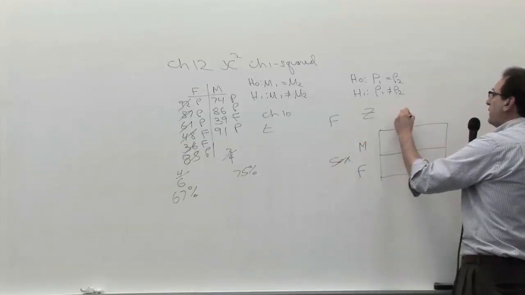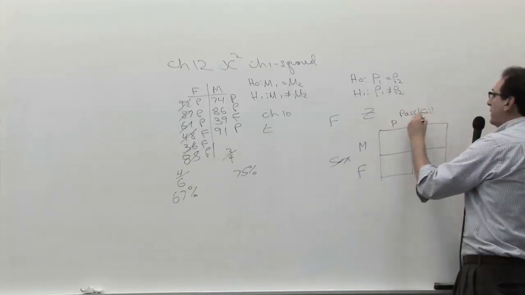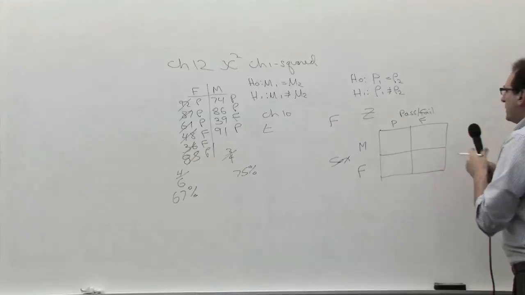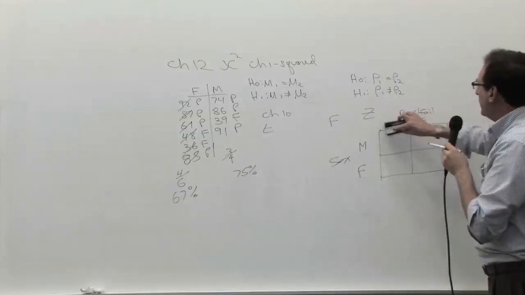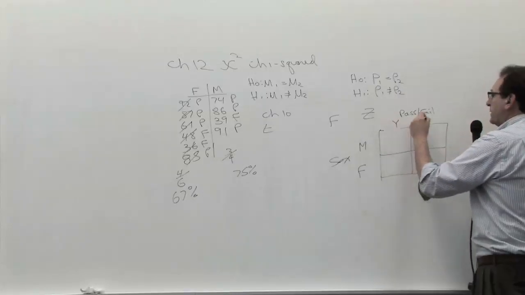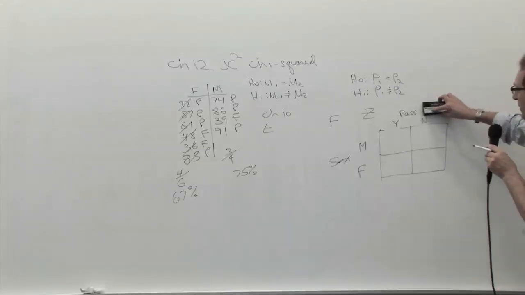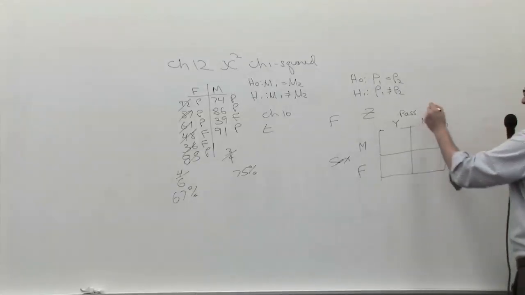You can have the pass-fail variable, of which there are 2 values, pass and fail. I'm going to say yes and no because I want to avoid the confusion of the F for female. So yes for passing and no for not passing. Maybe pass with a question mark might be a better expression of this variable name.